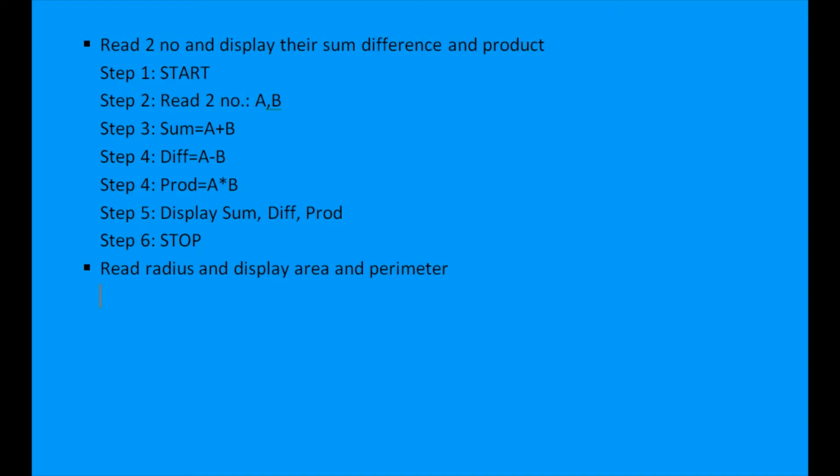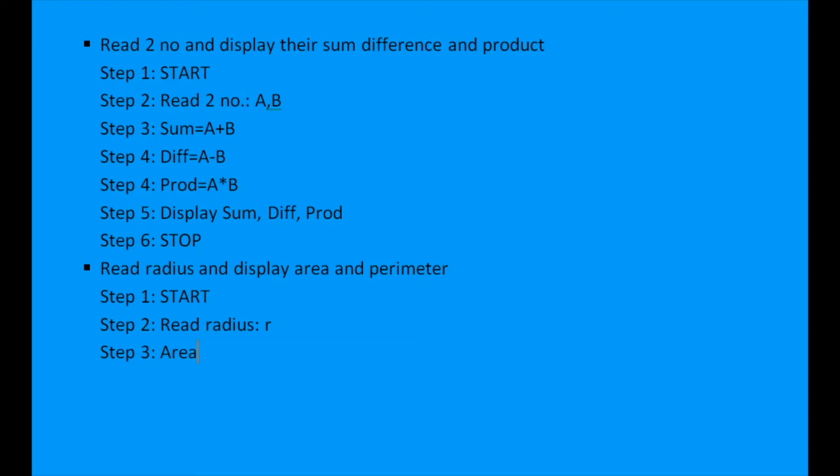Here we go with our steps. Step 1 is always start. Step 2 is read radius. Let's give a variable to the radius, as a.